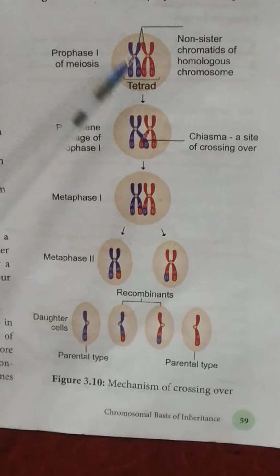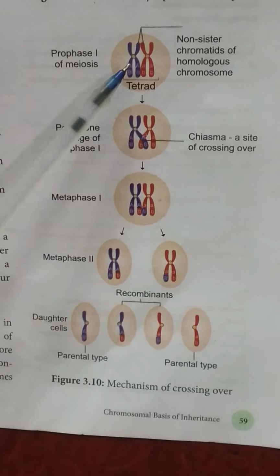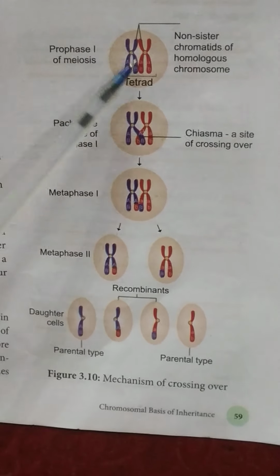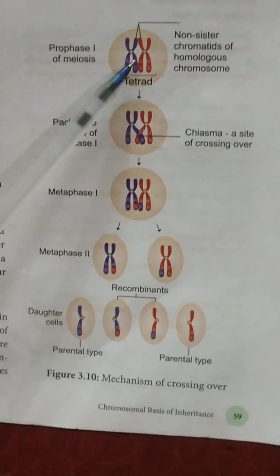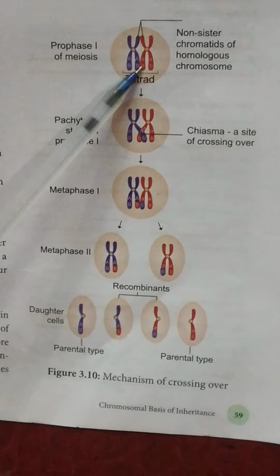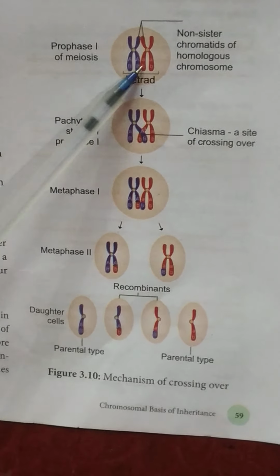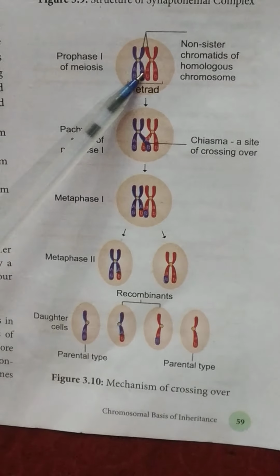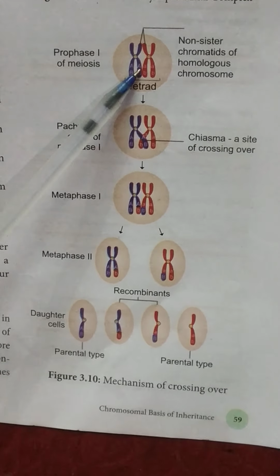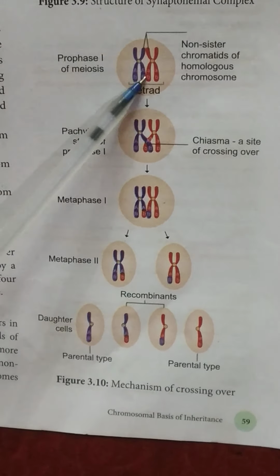If crossing over takes place in the germ cell, it is called germinal crossing over. That is, it takes place in the reproductive cell. Mostly crossing over takes place in the germ cell or reproductive cell, and such crossing over is called germinal crossing over.